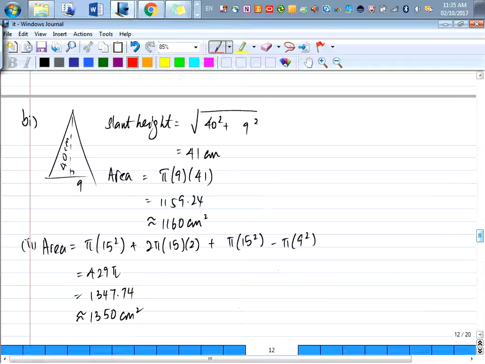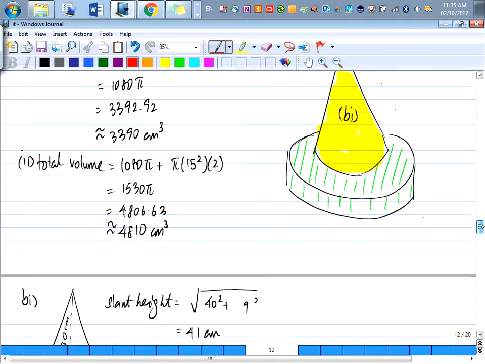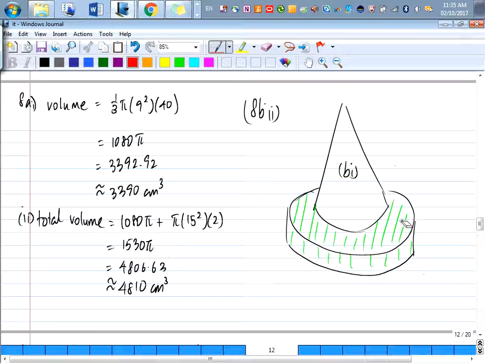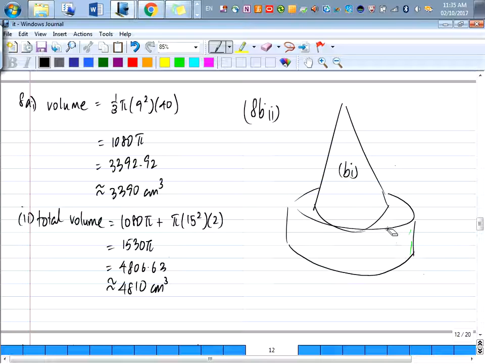Part B, part 1. Every part of the surface of the marker is painted orange. So we have a few surfaces we need to consider.